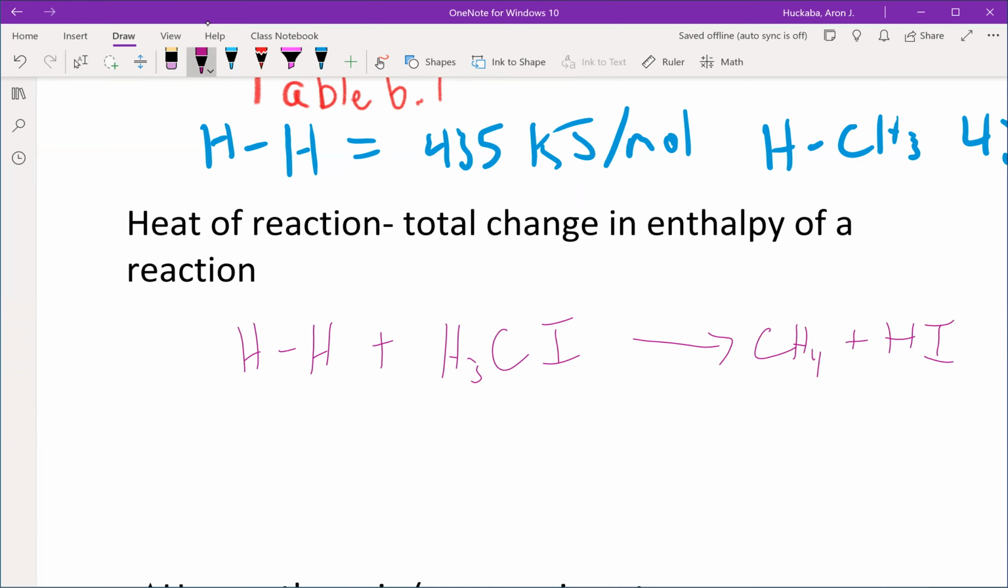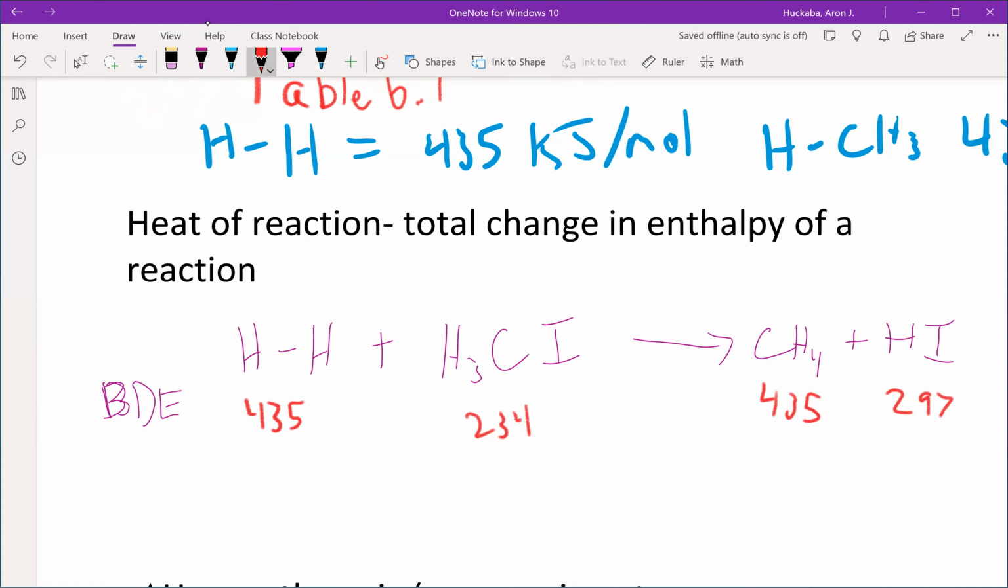You can find the total bond dissociation energies for all of them. So we just said this was 435 kilojoules per mole, as was this one. So then we really just need to look up the HI and CH3I. So HI has an energy of 297 and CH3I of 234. Okay.